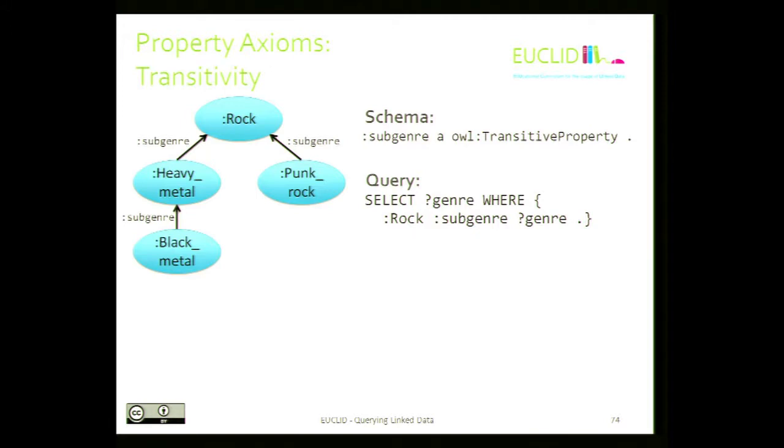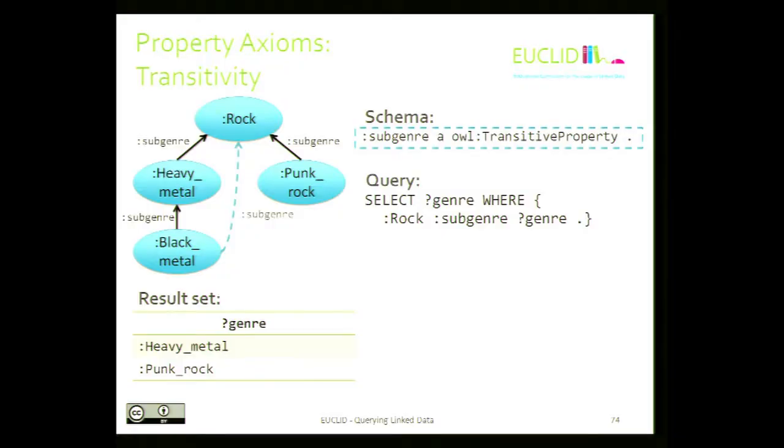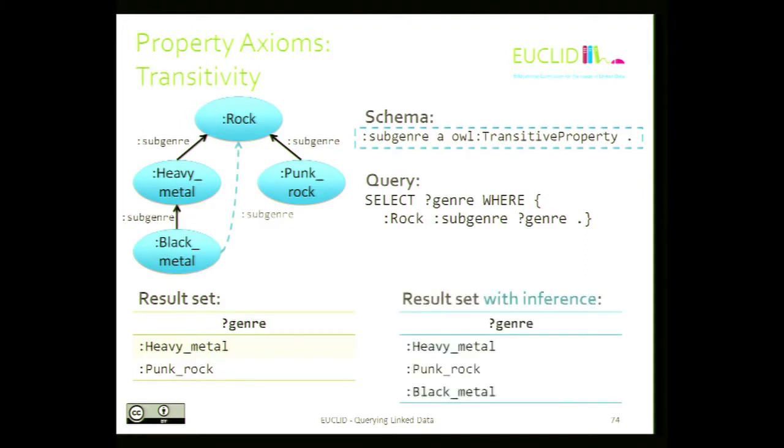If we just query for, without entailment, what is a subgenre of rock, the only results we would get are the 2 direct ones, heavy metal and punk rock. But if we assert the transitivity and query with entailment, we also infer that black metal, subgenre of heavy metal, subgenre of rock, therefore black metal is a subgenre of rock. And we get all 3 results underneath rock in the tree because of this transitivity.